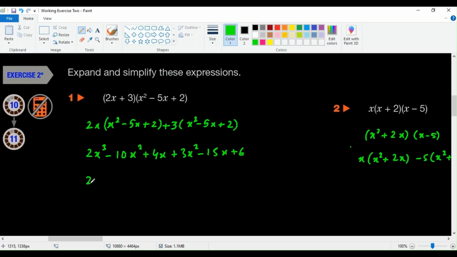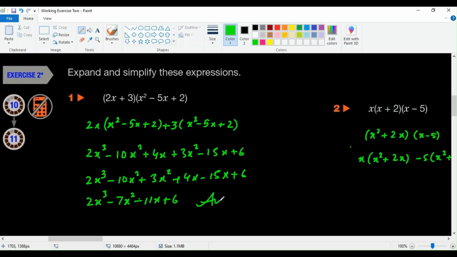Now we are going to keep the like terms together, minus 10x square and plus 3x square and plus 4x minus 15x plus 6. Now they are in order. Now we can easily subtract or add. This gives us minus 7x square and minus 11x plus 6 is going to be the final answer for this question.